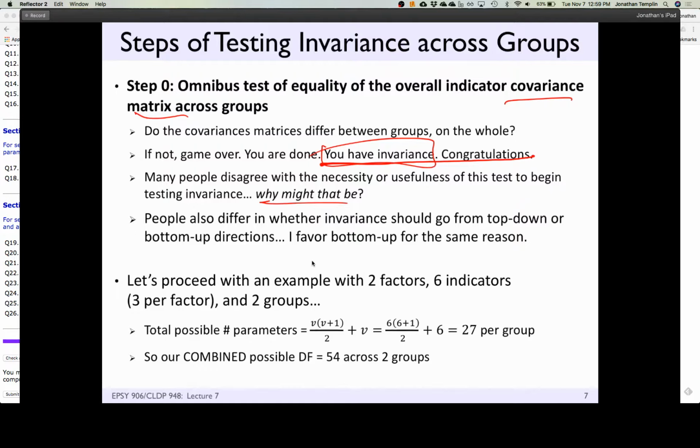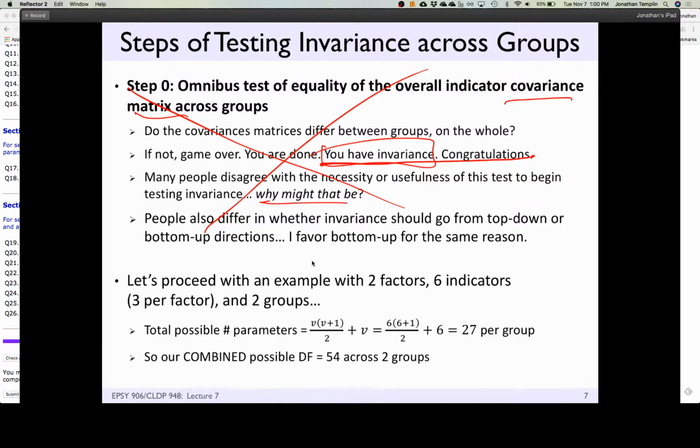So it's possible to have smaller sets of parameters, the loadings and the unique variances in this case, that are significantly different, yet find no difference when you put them all together. But at the level of the actual numbers themselves, there are differences. So most of the time you don't ever see this, and we don't even bother with it.